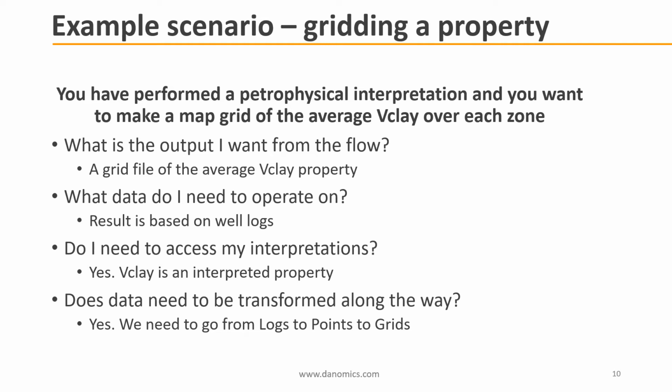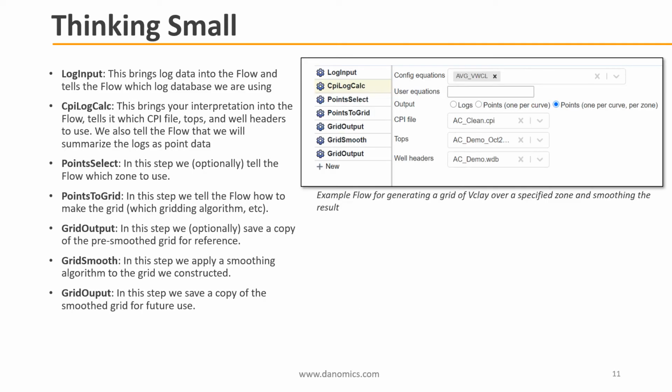So let's continue along with this example. It's important to think in small increments as you're going along. To perform this operation, this is the chain of tools that you would need within a flow to execute on it. You would start with a log input, and in that log input, it's bringing our log data into the flow so we can work with it.